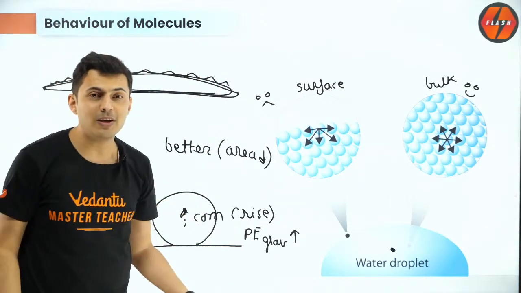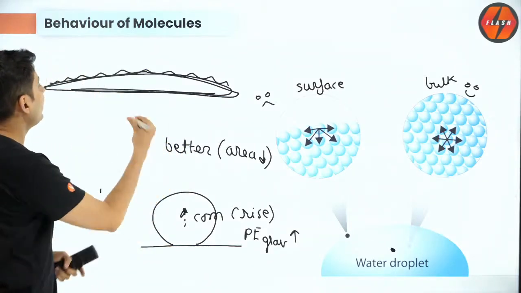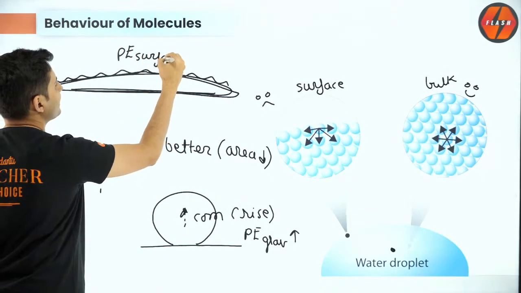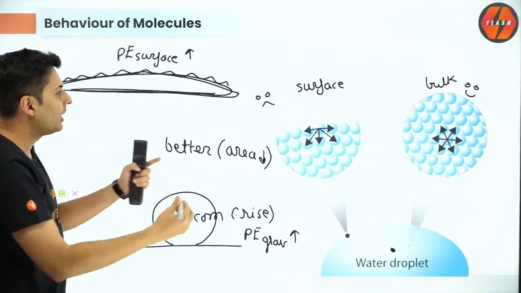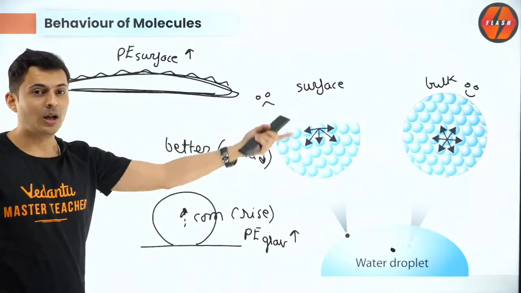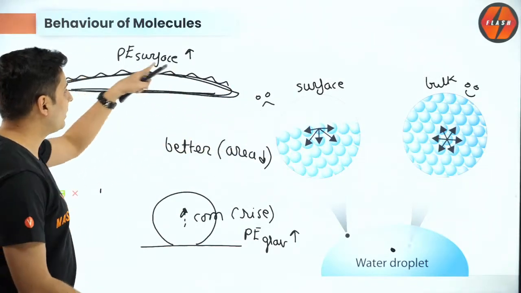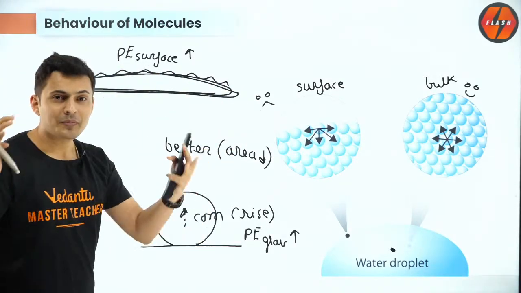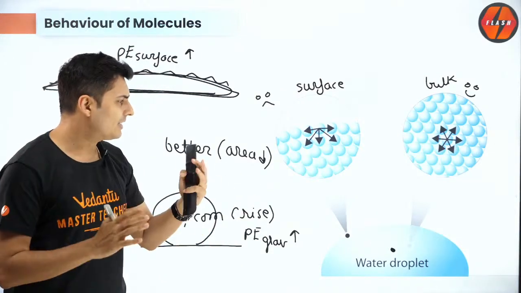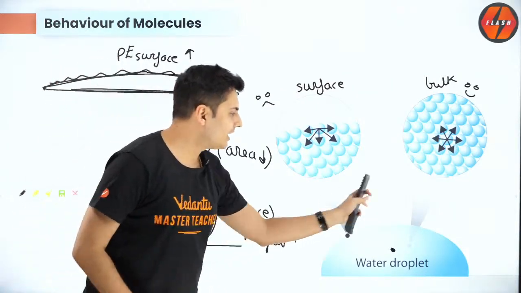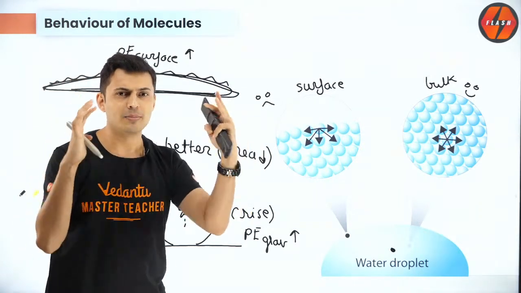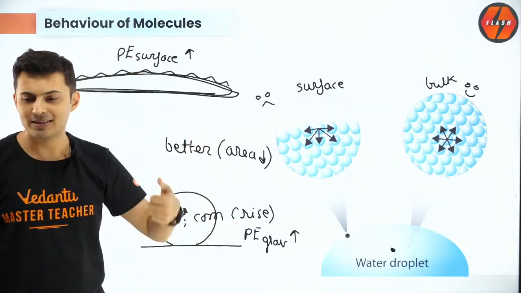Now, the moment the surface of the liquid increases, the potential energy on that surface will increase because the molecules, remember, on the surface are very sad. So you are going to make a lot of people unhappy by putting them on the surface. So it finds a compromise on both, and it takes a shape where both the energies are at their minimum state. I hope this is clear.